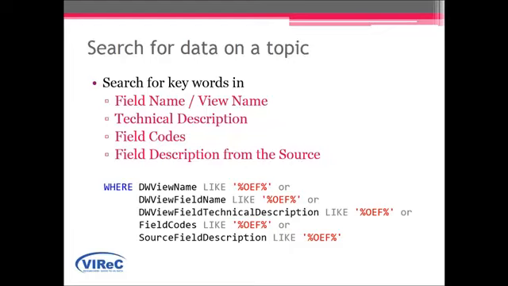And so I might look in the view name, as I mentioned above, or the field name, or the technical description, or the field codes, or the source description. And so I would just keep looking all over for that. And of course, you might have other search terms other than just OEF, but for the purposes of this demonstration, I was trying to keep it pretty straightforward.